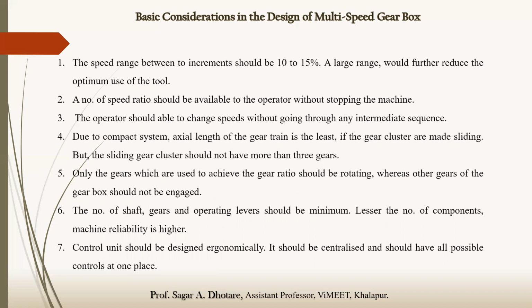Next, only the gears which are used to achieve the gear ratio should be rotating, whereas the other gears of the gearbox should not be engaged, because in multiple speed drives, only the set of gears through which the speed is to be obtained should be engaged at a time.